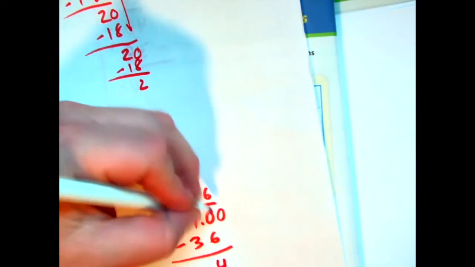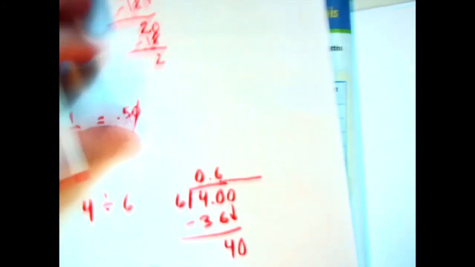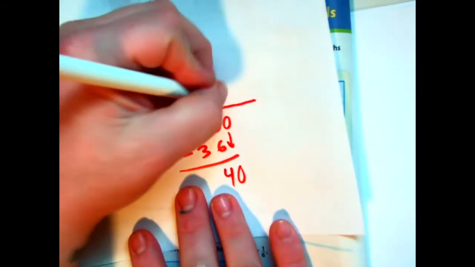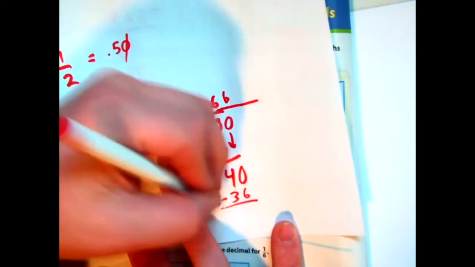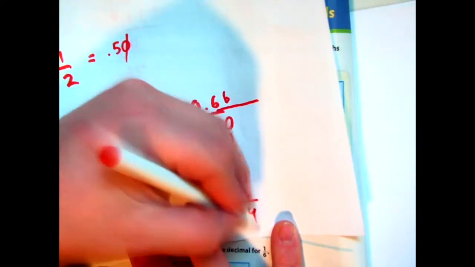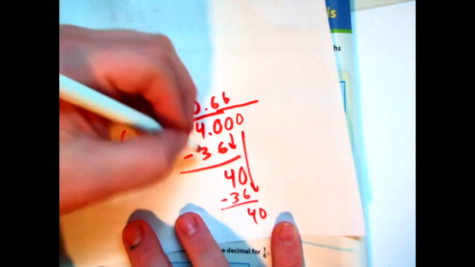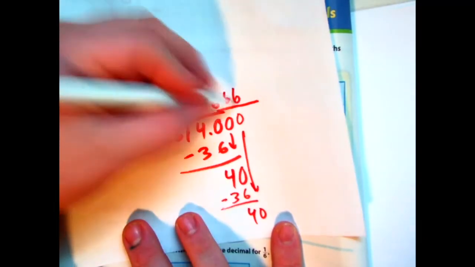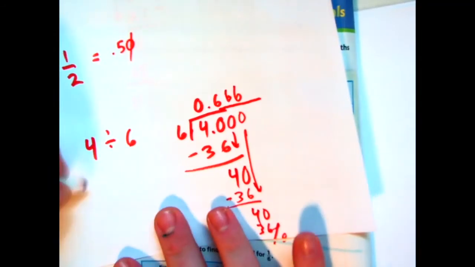Add another 0 here. Bring down the 0. How many times can 6 go into 40? 6 times. 6 times 6 is 36. 40 minus 36 is 4. Add another 0 here. How many times can 6 go into 40? 6 times. And this keeps on going forever and ever.